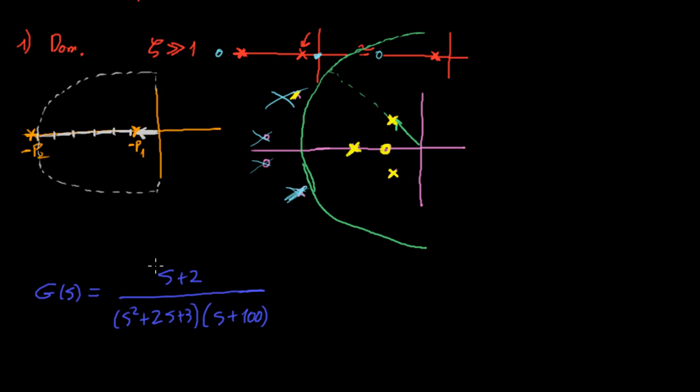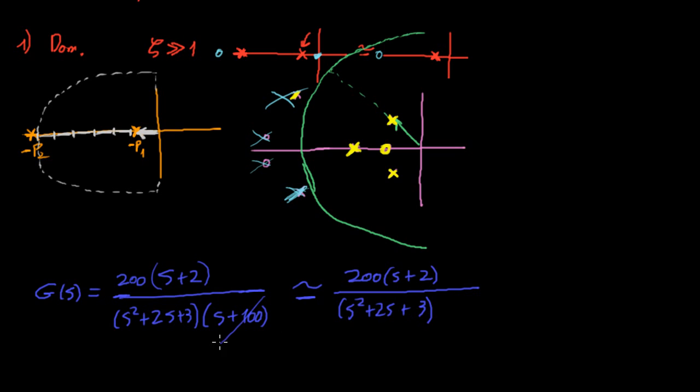Maybe I should multiply this by 200. So we see that there's a pole which is very far away from the others, and maybe we could say, let's approximate this by all the terms but s plus 100. We keep s plus 2 over s squared plus 2s plus 3, and we get rid of this s plus 100.